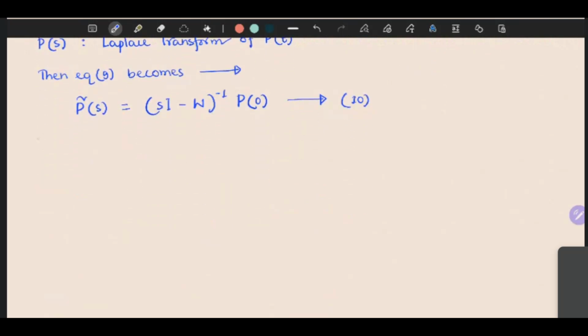So where I is the n cross n unit matrix.